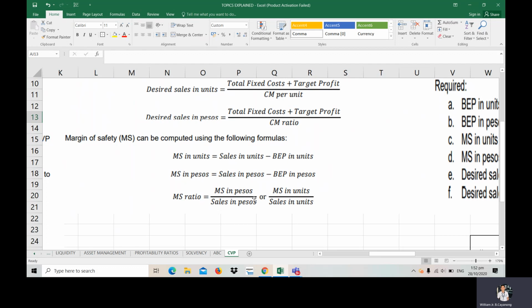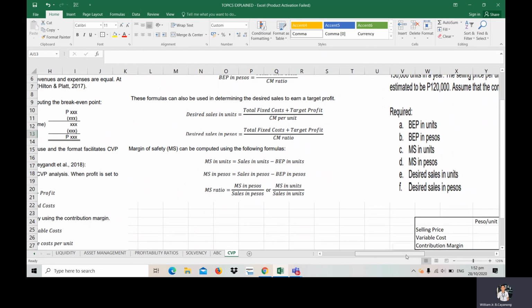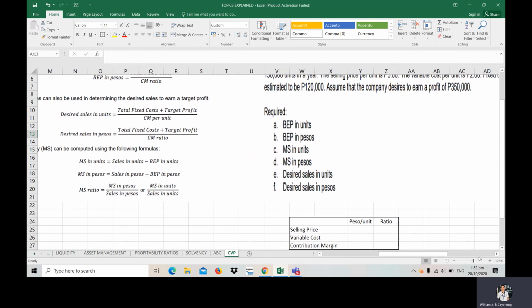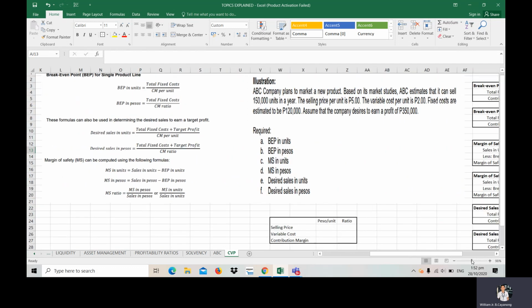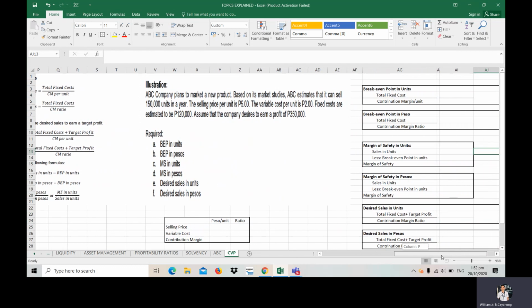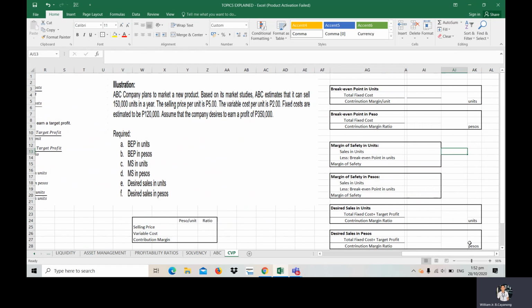Margin of safety in pesos divided by sales in pesos, or MS in units divided by sales in units. I know it is very vague pa, okay? You cannot understand this formula until we have a problem as an exercise. So we have here the illustration.